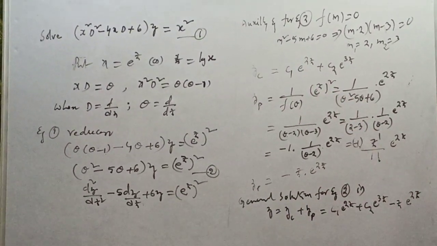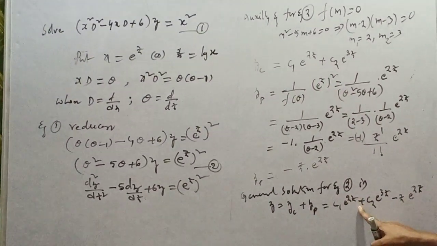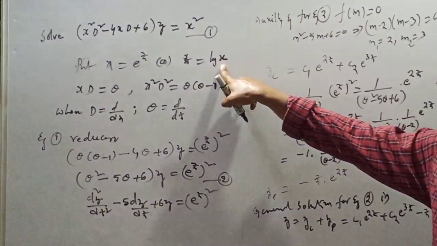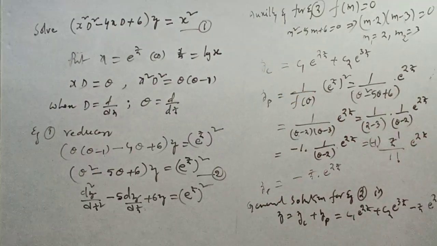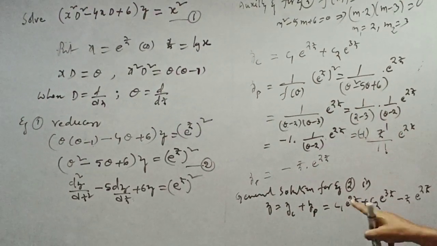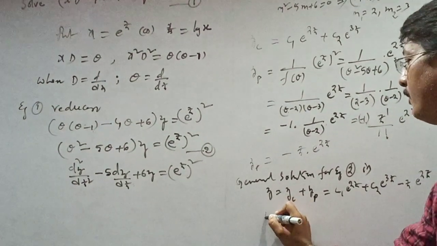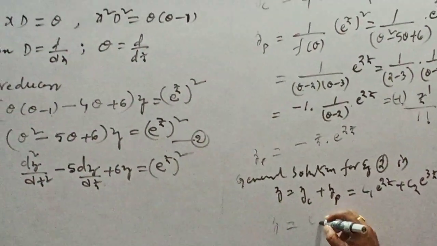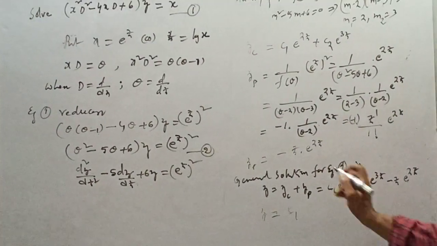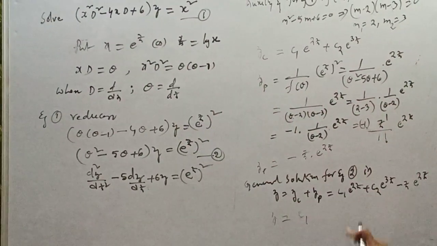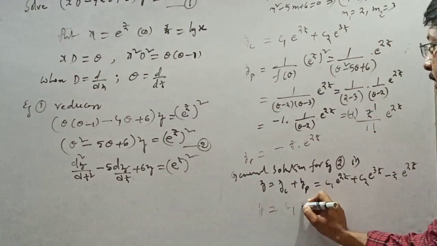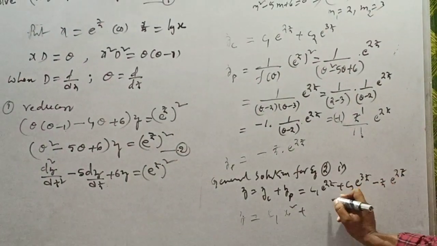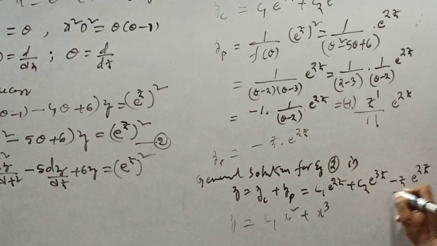Then you substitute z equal to, what is z? Log x. So y equals c1 e to the power of 2z; since e to the power of z equals x, it becomes x square. And e to the power of 3z becomes x cube.